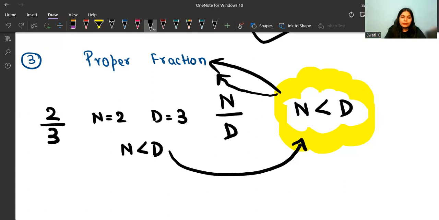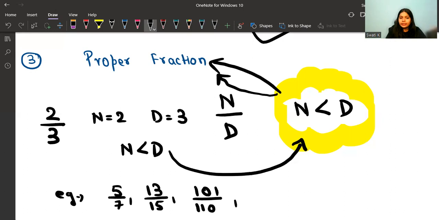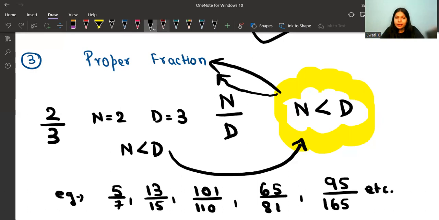So, for example, I can write down 5 by 7, 13 by 15, 101 upon 110, 65 upon 81, 95 upon 165, etc. How many proper fractions can we write down? We can write down infinitely many proper fractions. The only thing you have to take care of is to write the numerator and denominator in such a way that the numerator is lesser than the denominator.